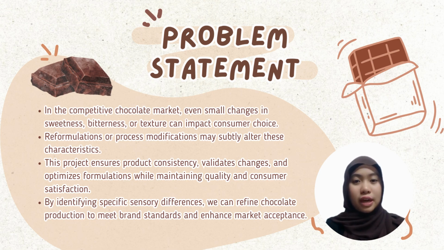So this project ensures product consistency, validates changes, and optimizes the formulations while maintaining quality and consumer satisfaction. Overall, by identifying the specific sensory differences, we can refine the chocolate production to meet the brand standards and enhance market acceptance.